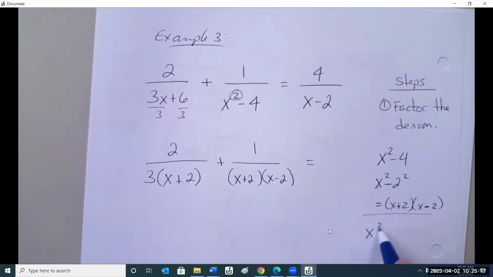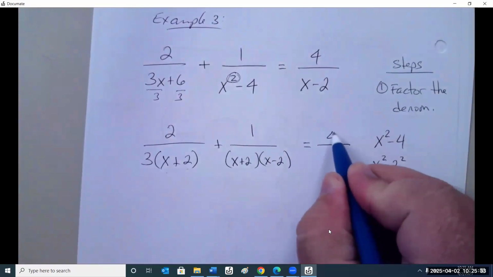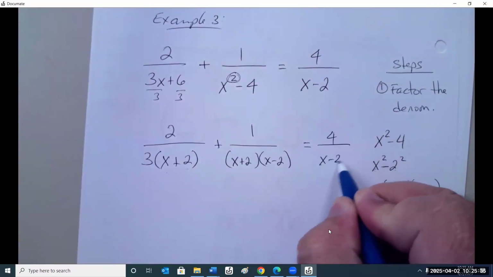If I had x squared minus 25, what would that one be? It'd be x plus 5, x minus 5. Perfect. And then the last one is already a linear expression.